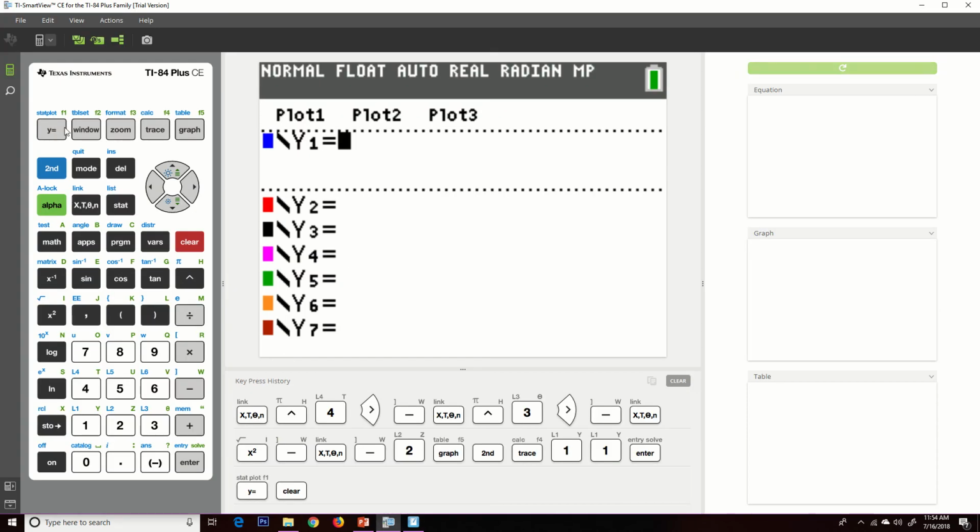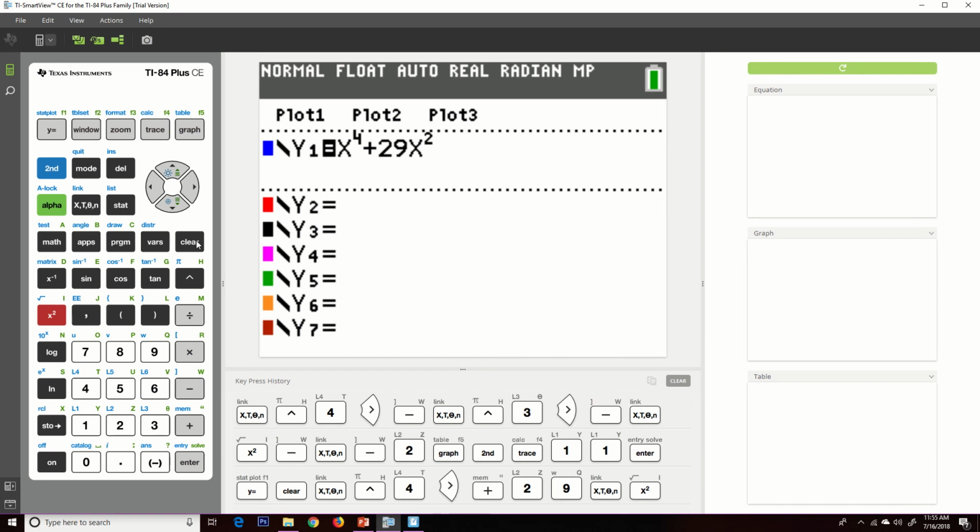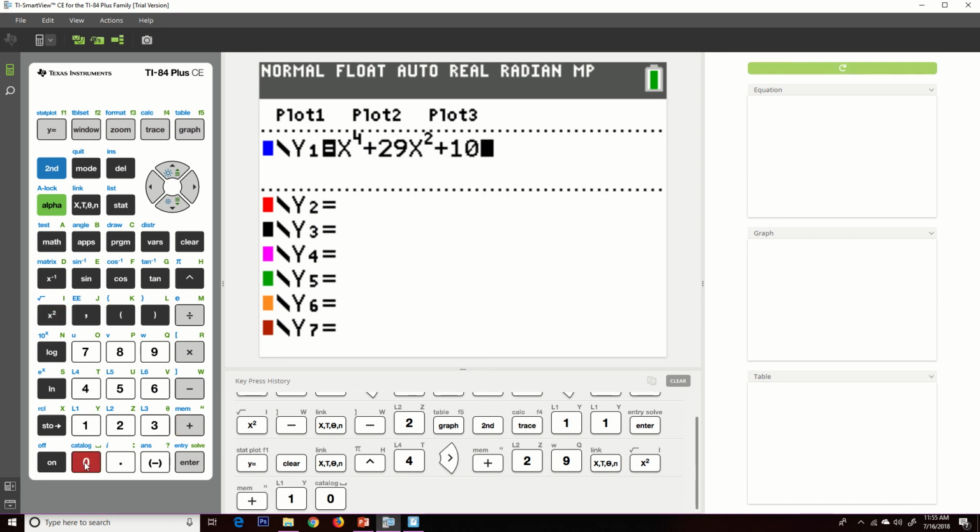But just real quick, do our y equals x raised to the 4th, plus 29x squared, plus 100. Clearly, if this is a 4th degree polynomial with a leading coefficient that's positive, it's going to go up to the left, up to the right, and it's going to have a y-intercept of 100.